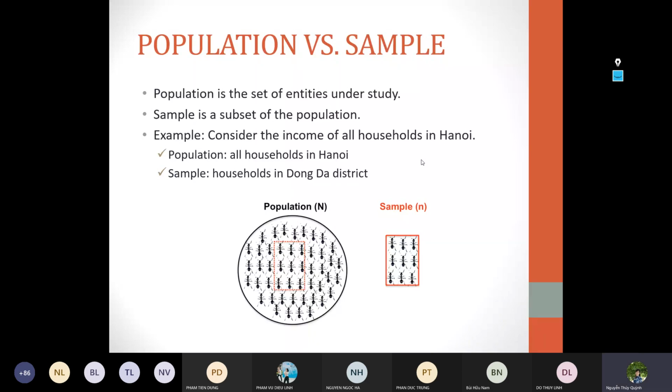But you can take the income of 10 households from Dong Da district, 10 households in Hoàng Mai district, and 10 households in Hoàn Kiếm district, and then we will have a sample of 30 observations. That is a sample from the population. From one population, you can take various samples.